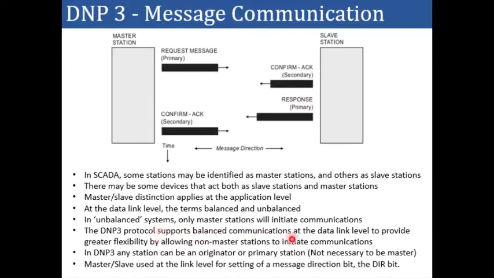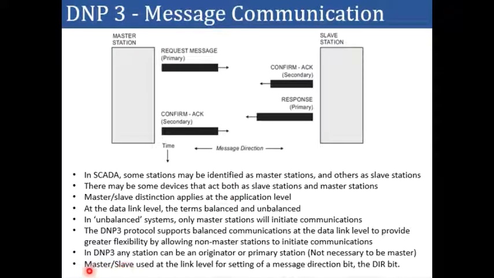So at the link layer we will see only balanced data communication to provide greater flexibility by allowing a non-master station also to initiate the communications. In DNP3 any station can be the originator of the primary frame, and it is not necessarily the master station. Primary station means the station which starts sending the primary data frame.